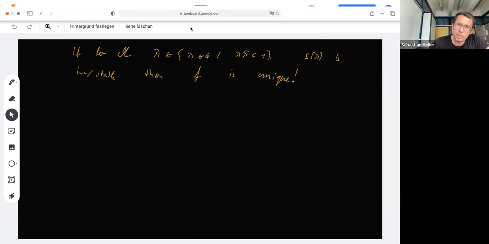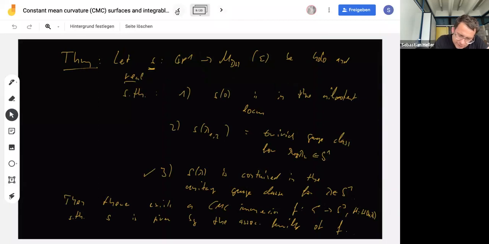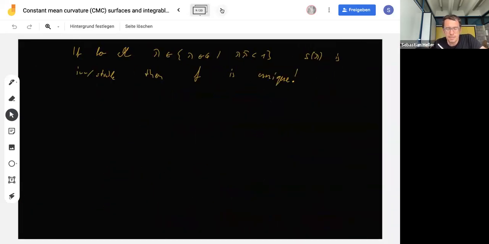Maybe I should go back to the previous slide and add a condition here: sigma should be compact. And if one doesn't have compact Riemann surfaces, one would need to impose certain boundary conditions such that the theorem can work.